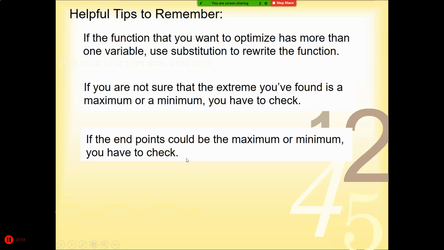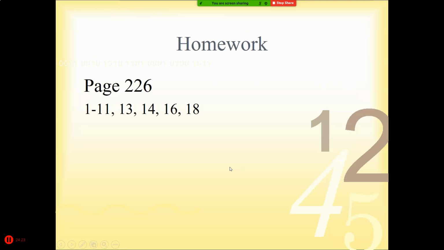So we haven't had a lot of problems where they've limited. We're going to have more of those examples on Monday. But remember that EVT still comes into play. So if we had been told that the radius could only exist from 2 centimeters to 4 centimeters, then that value we got would have been outside that, and we would have had to have checked our endpoints.